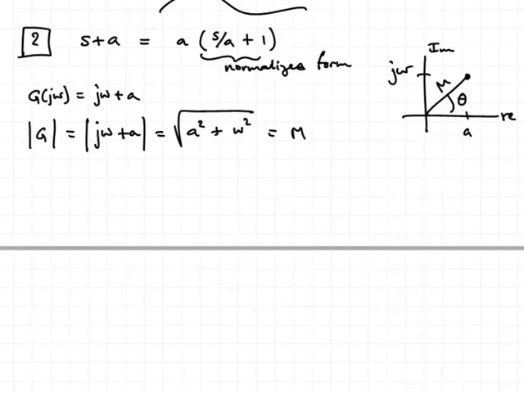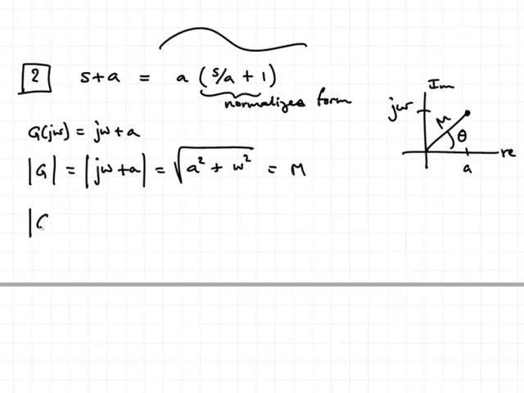Now we can make some approximation. This is where this technique becomes powerful, because calculating the square root of a squared plus omega squared is not something you want to do in your head. However, we can look at its asymptotic values. So for instance, when omega is much, much less than a, at least an order of magnitude less than a, then the magnitude would approach just a, square root of a squared plus something very small squared.